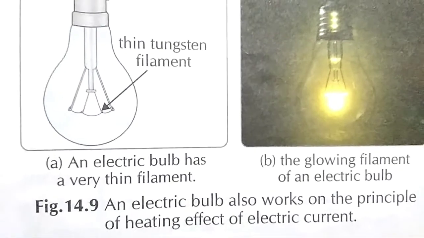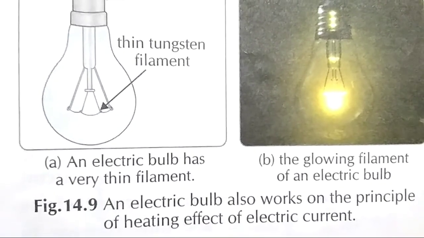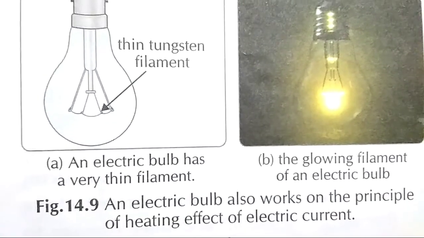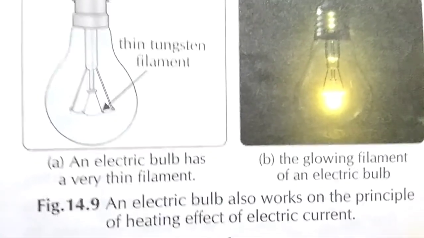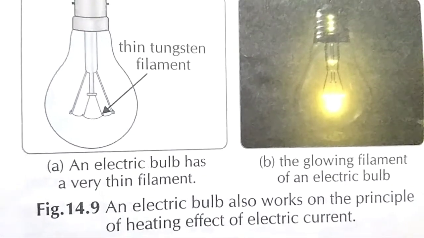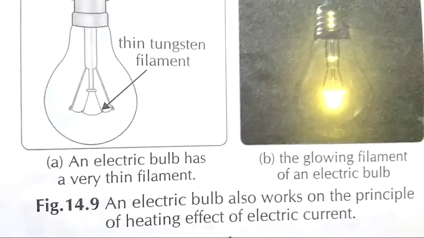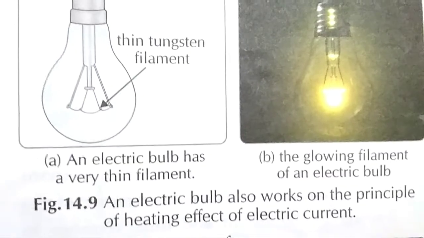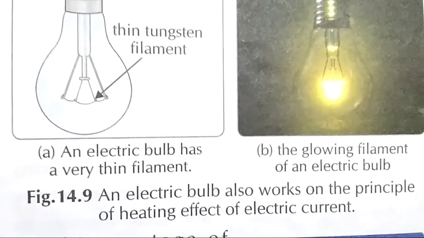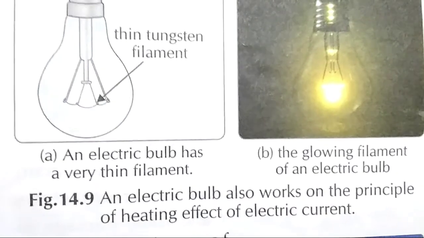It has a filament of tungsten metal. When electric current passes through the tungsten filament, it gets heated to a very high temperature and becomes hot. Then it starts glowing, meaning emitting light. That is, it gives us light and heat.